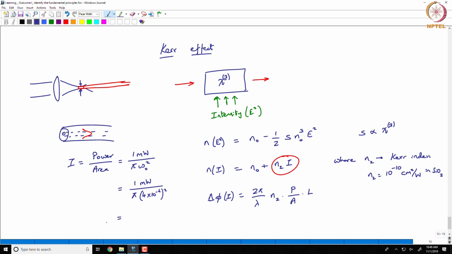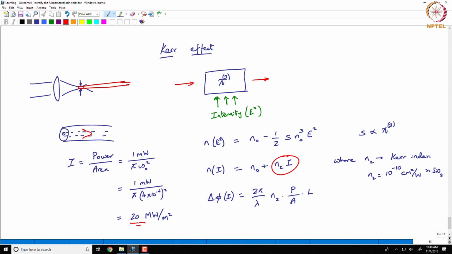So, if you do this math, you will find that even for 1 milliwatt of power coupled into this fiber, you have something like 20 megawatt per meter square as your light intensity, right.